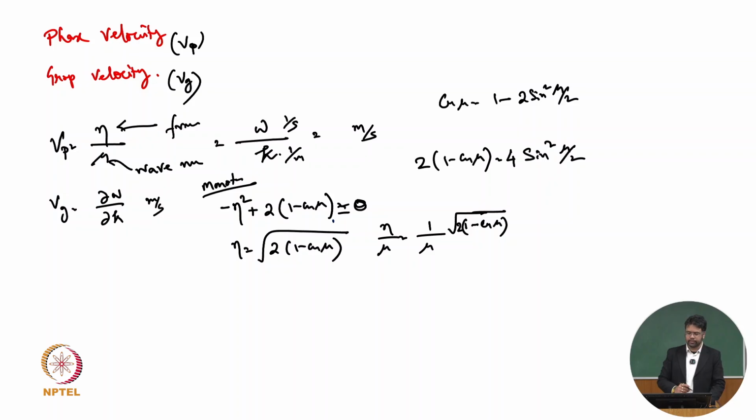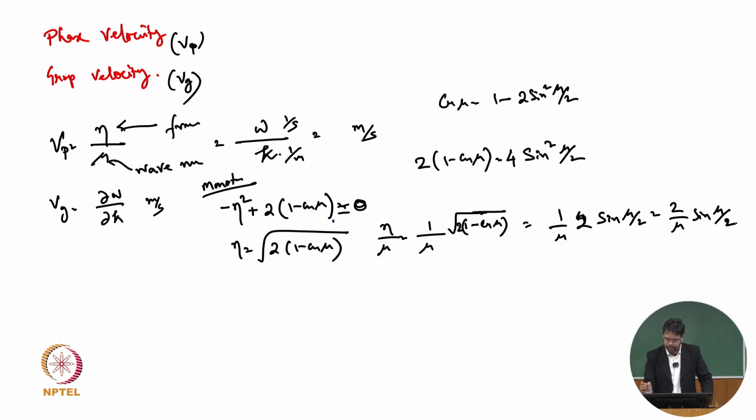So I can write it as 1 by mu into 2 sin mu by 2. That is eta by mu, which is my Vp. So the phase velocity is 2 by mu into sin mu by 2.